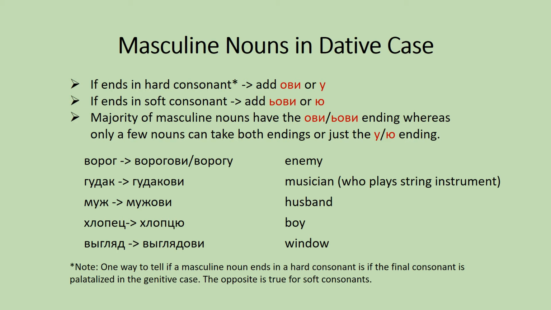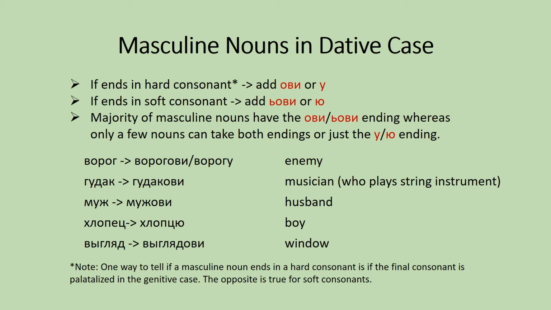Voroch, meaning enemy, becomes vorohove, or alternatively, vorohu. Hudak, meaning musician, more specifically one who plays a string instrument, becomes hudakove. Muž, meaning husband, becomes mužove.